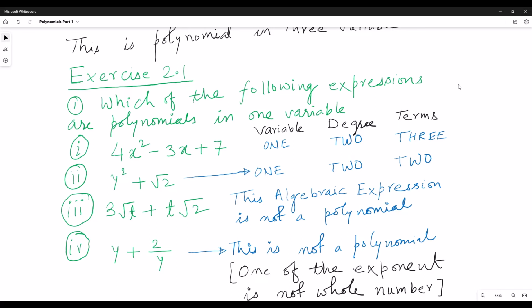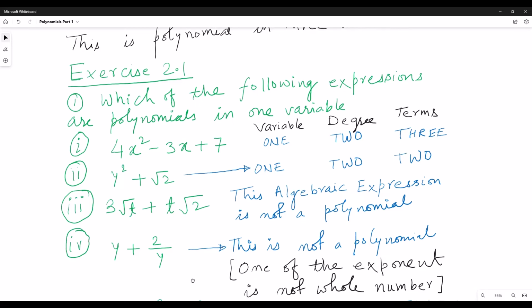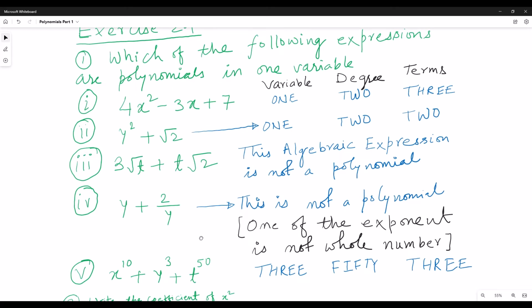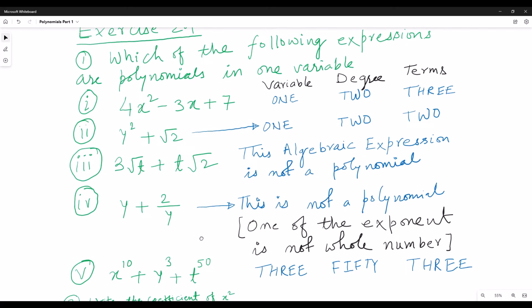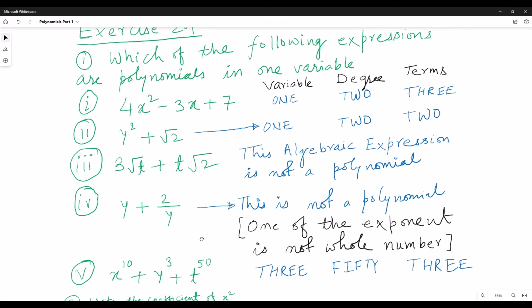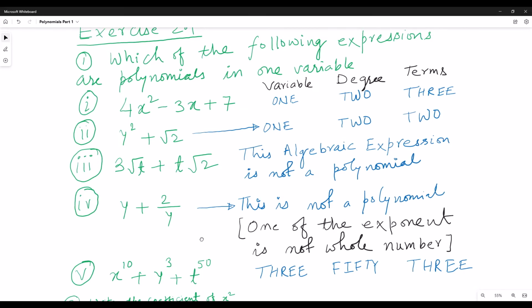y square plus root 2: the variable is only y, so this is also a polynomial in one variable. 3 root t plus t root 2: the variable is only one, but the exponent is not a whole number. So this expression itself is not a polynomial, right? The question is, which are polynomials in one variable? If it is not a polynomial, the question is closed.